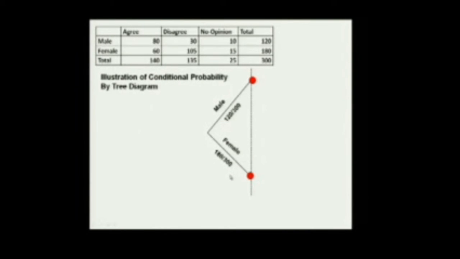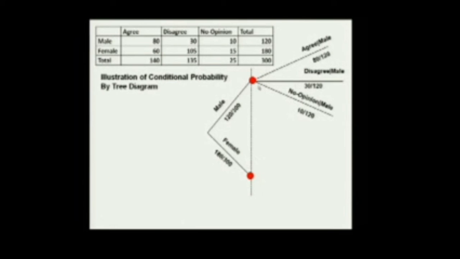Now, as we move on into male that agree, male that disagree, male with no opinion, now we have conditional probability. That is agree given the fact that it's male, or disagree given the fact that it's male. So agree given that it is male.